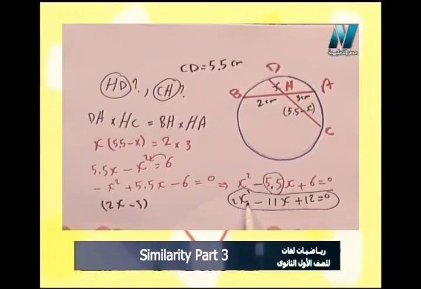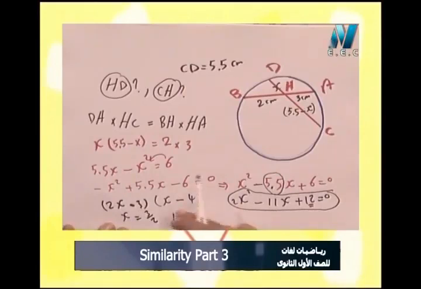So 2x power 2 is factorized as 2x and x here. We have here plus 12, it's negative times negative, and it will be 3 times 4. So 2x minus 3 will be 0, so x will be 3 over 2.